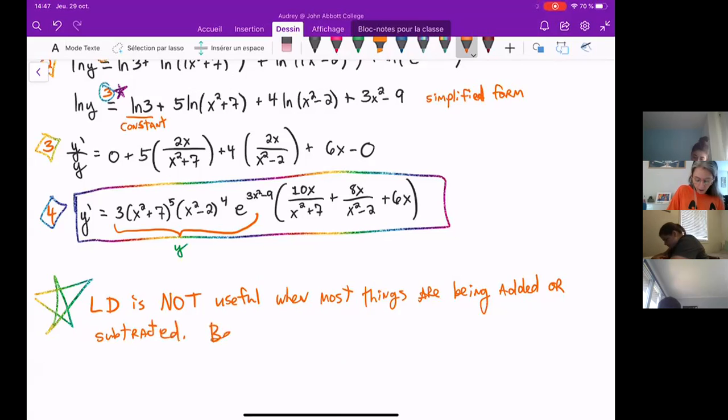This is because I can't distribute a ln into an addition or a subtraction. So these two things are not equal to each other.